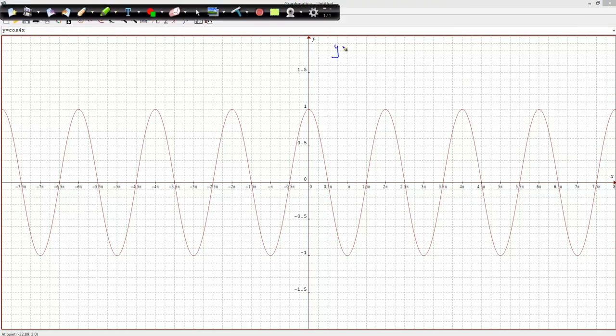Okay, y equals cos 4x, period, well, maybe 2 pi, which is the normal period of a cosine graph, divided by 4, this number here, and that's a half pi, pi over 2. So we're going to fit a whole cosine function between here and here.